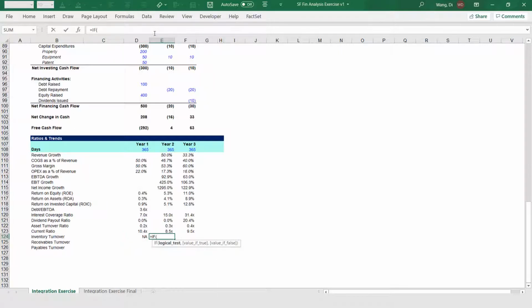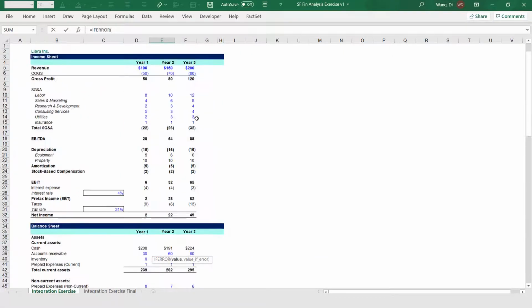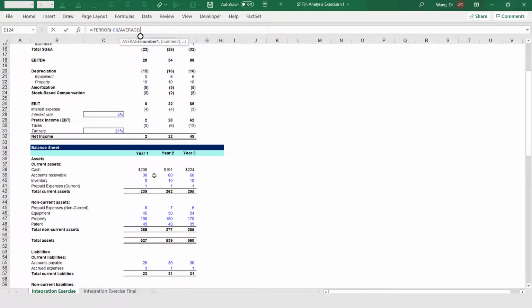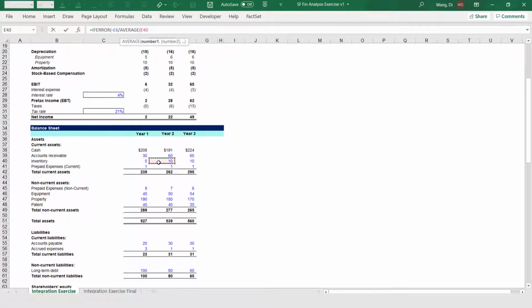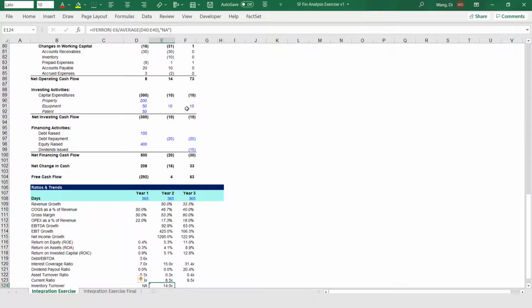So IFERROR, and our value is going to be our COGS. Remember, that's going to be a negative divided by average inventory. NA. There we go, 14 times.